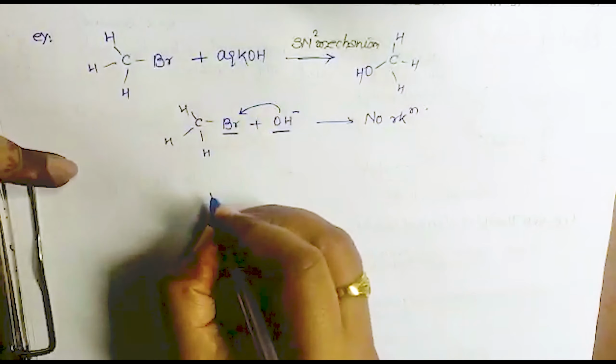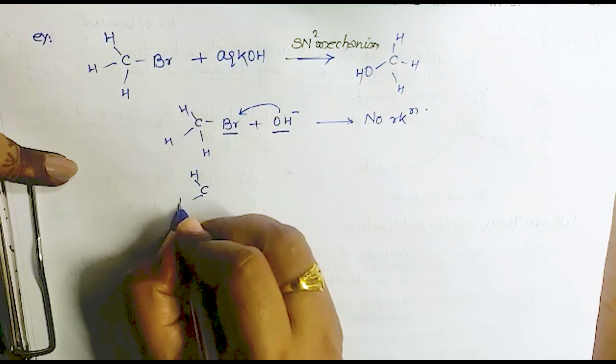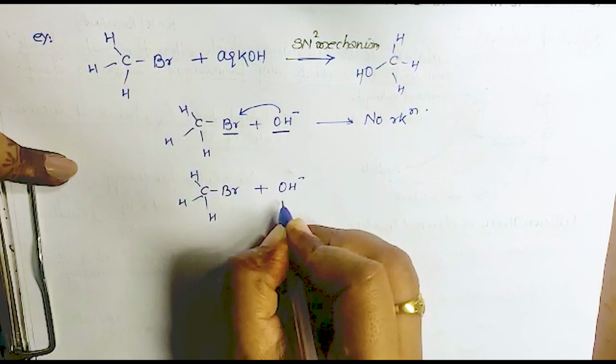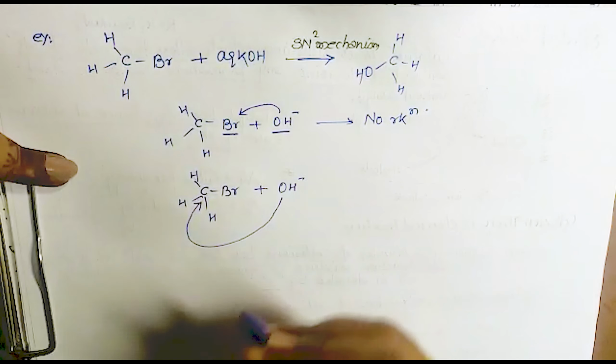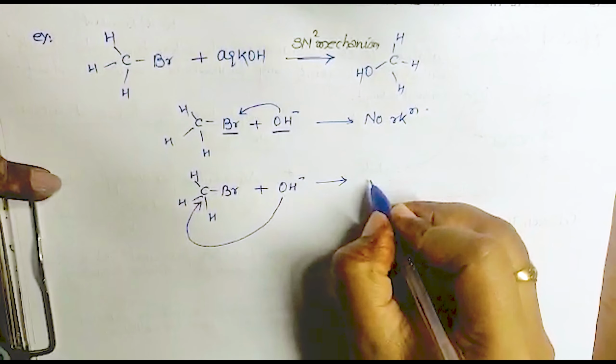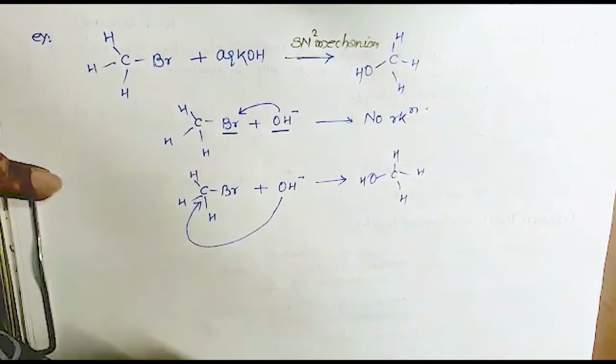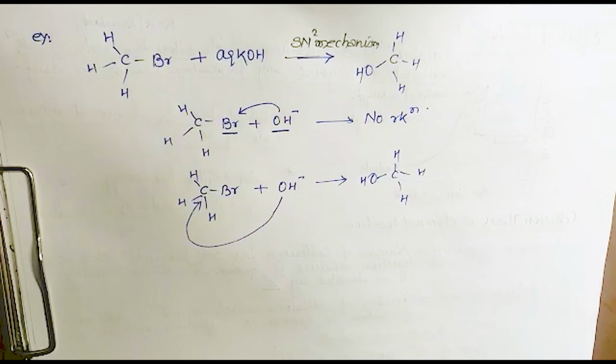But if the reaction occurs in this way, with Br, and OH minus attacks from the back, then this reaction will be possible and it will result in this formation. Yes, got it? So this is showing the SN2 mechanism.